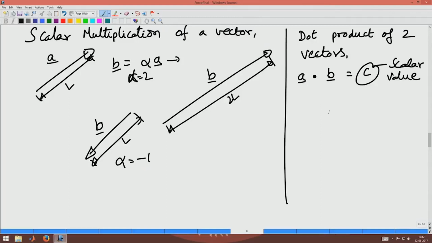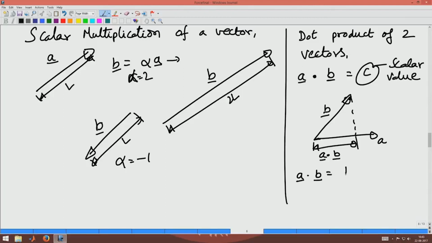What it means is, if I have a vector A, I have a vector B, that line segment, I project this vector onto this, and this length is denoted by A dotted with B. Okay. That length is denoted by A dotted with B. In other words, in terms of length of A and B, this would be magnitude of A, magnitude of B times cosine of theta, where theta is the angle between A and B. Okay. That is what the dot product means.